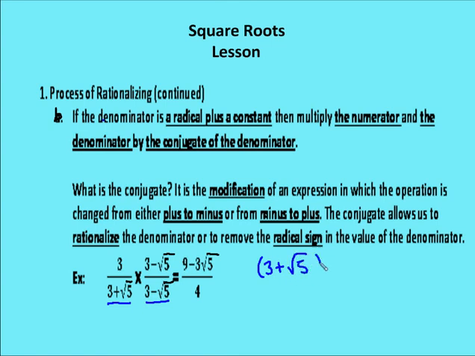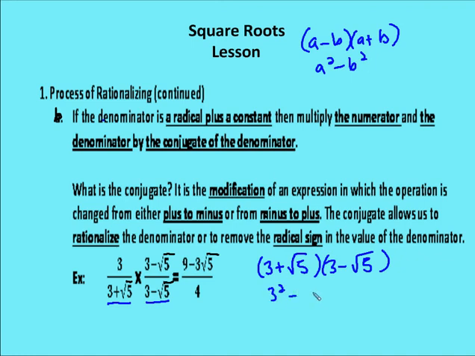We think about the difference of two squares as a minus b times a plus b gives us a squared minus b squared, right? In this case, we just have 3 squared minus the square root of 5 squared, which is equal to 3 squared minus 5, which is equal to 9 minus 5, which is equal to 4.